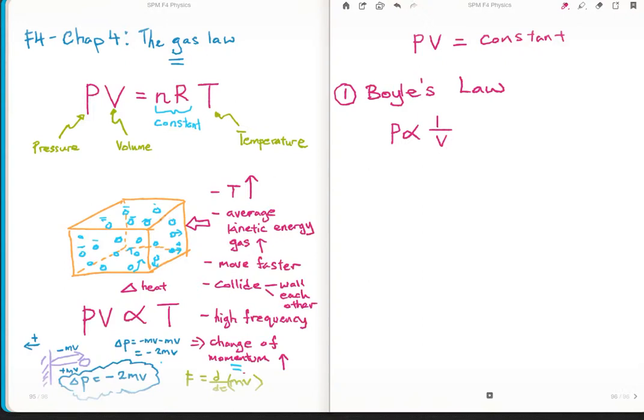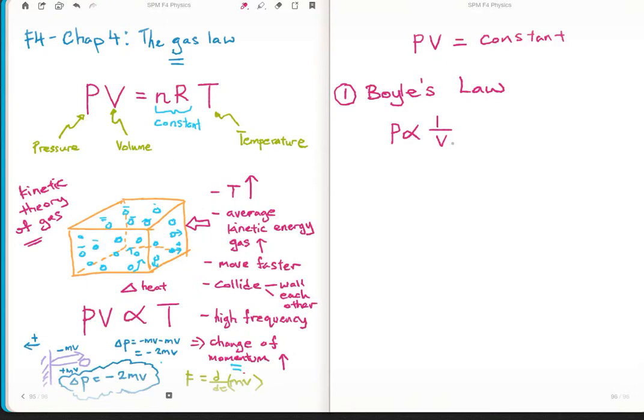According to the kinetic theory of gas, from this kinetic theory of gas, how do we explain Boyle's law? When the volume increases, the mass remains, right? Correct. Here, if you have 100 particles, if you put them into a bigger container, you will still have 100 particles.